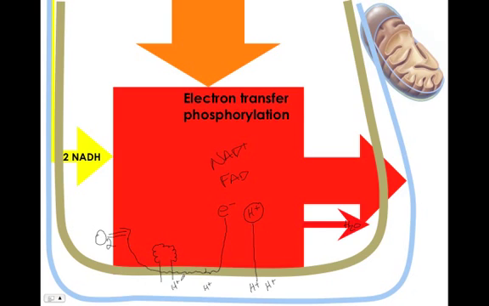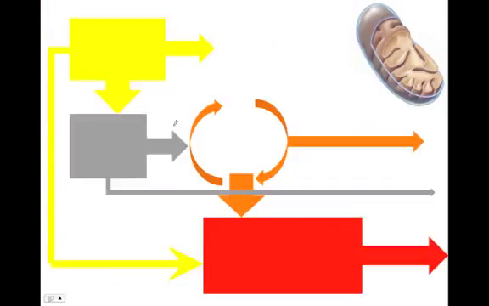And we're going to do that through ATP synthase. And as our hydrogen ions flow through the ATP synthase, we'll be generating energy, which will allow us to produce our jackpot of 32 ATP.